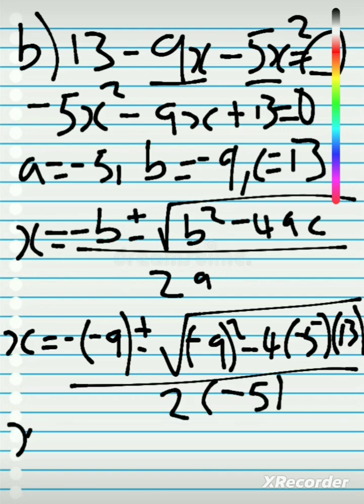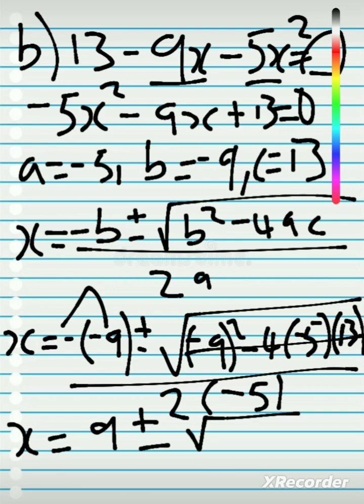So x equals negative negative 9, plus or minus square root of, when you punch everything here, you get 304, if I haven't made a mistake. Then 2 times negative 5 is negative 10.